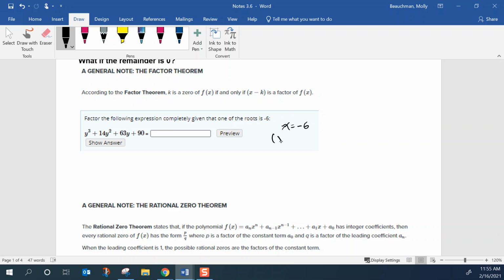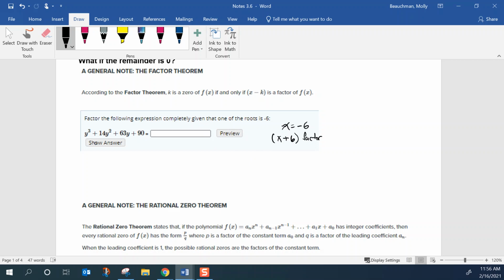That means x plus 6 is a factor, so it goes into this evenly. So how do you factor the expression completely? Divide this expression by x plus 6 and see what you have left.